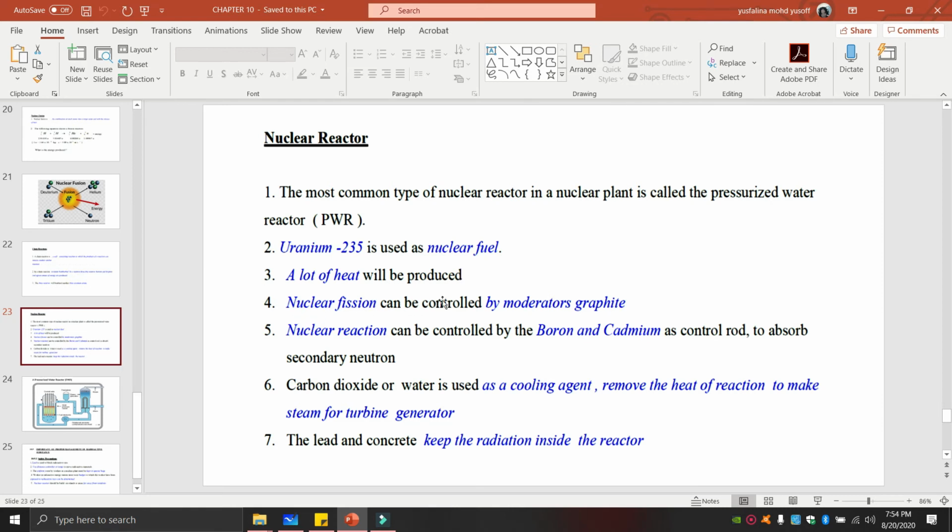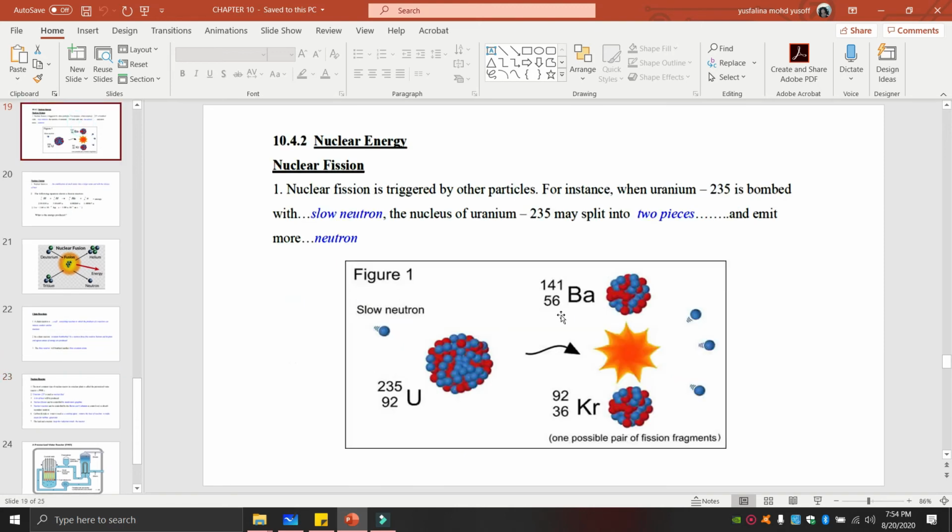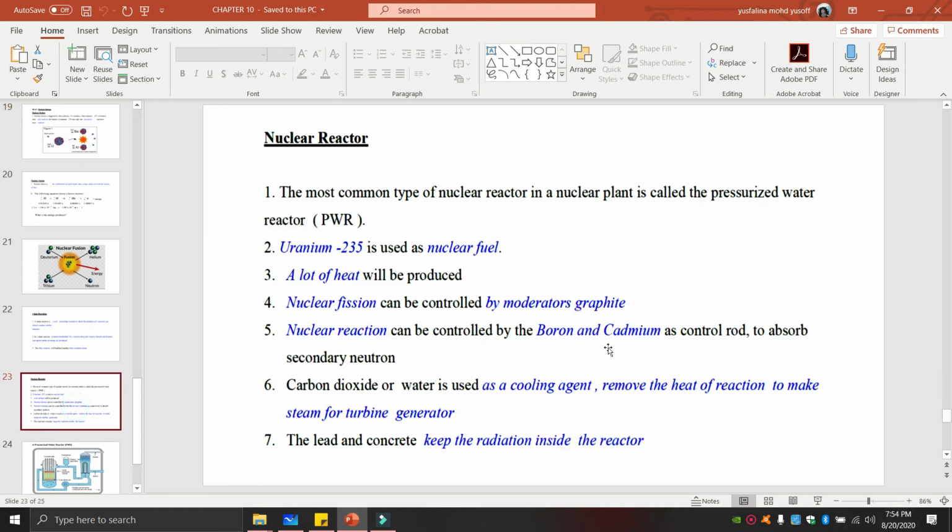Nuclear fission can be controlled by the graphite moderator. And the nuclear reaction can be controlled by boron and cadmium as control rods, to absorb the neutrons. So when there is nuclear fission, like this one, they will produce neutrons. When there are too many neutrons, the boron and cadmium will absorb the neutrons, so the reaction will be slower.